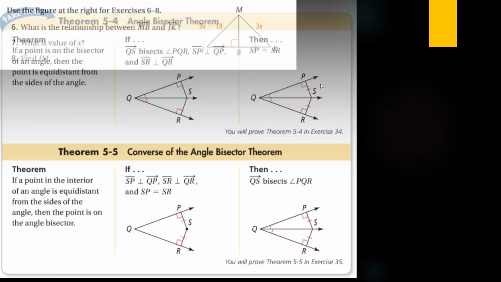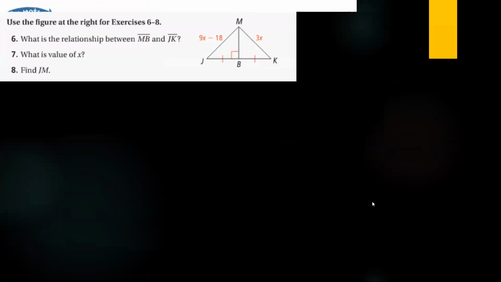Now here. Use the figure at the right for exercises 6 to 8. What is the relationship between MP and JK? MP is perpendicular to JK. So the line segment MP is perpendicular to JK.